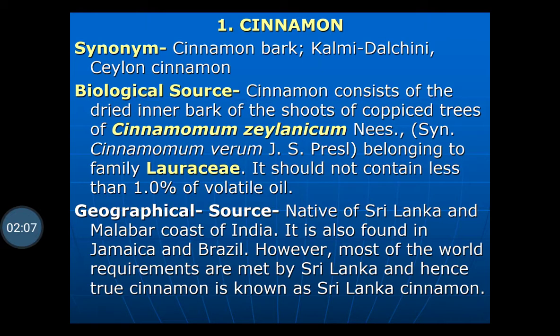The remaining trunk is allowed to remain in favorable condition. It will sprout out, and after 4 to 6 years you can get another drug. So it is called the coppiced tree of Cinnamomum zeylanicum belonging to family Lauraceae.